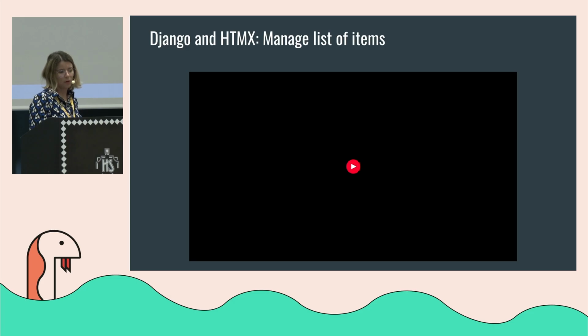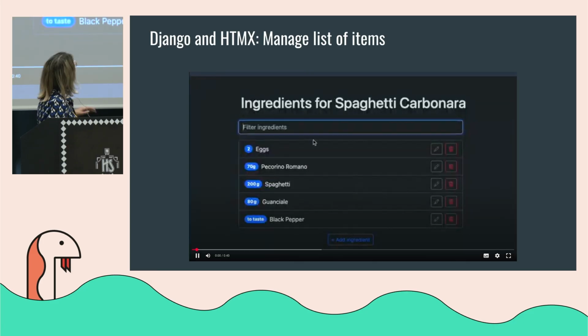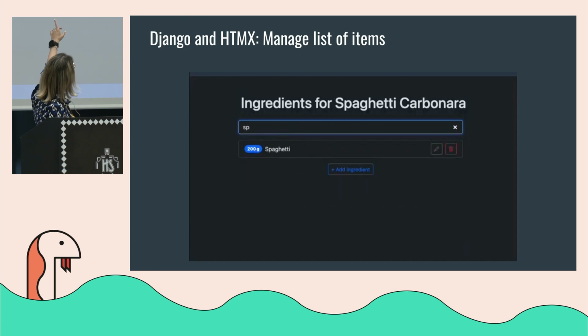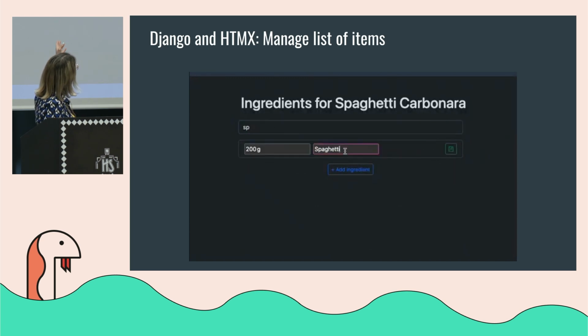OK, so the third example I prepared is not so much about how to do something. I just wanted to show you what can be done using HTMX. This is a list of ingredients. You can filter through it. You can edit an ingredient.